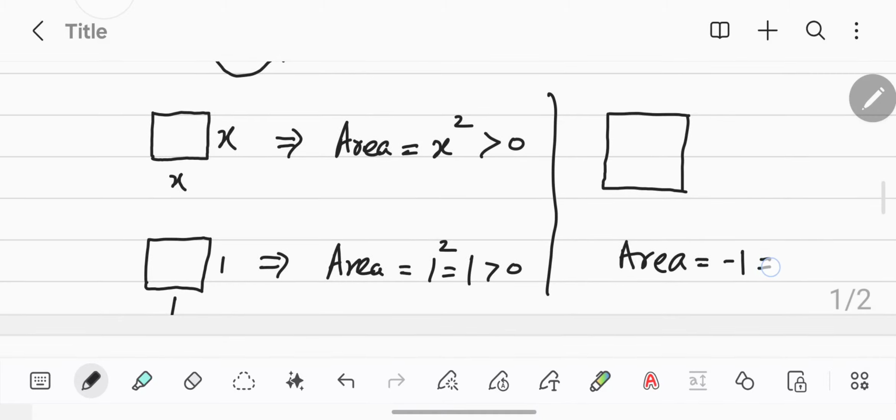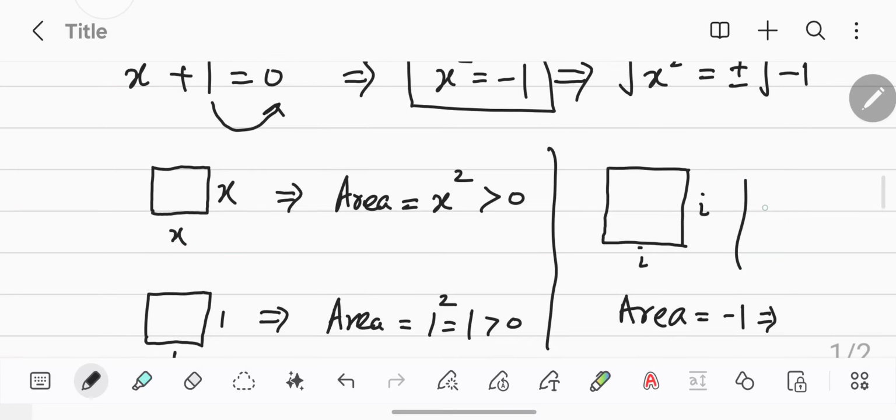What does that mean? That means if this is the length, for example, i, this is also i, then area must be i square. Since I have assumed that the area is -1, I will call this special number whose square is -1 iota, a complex number iota.